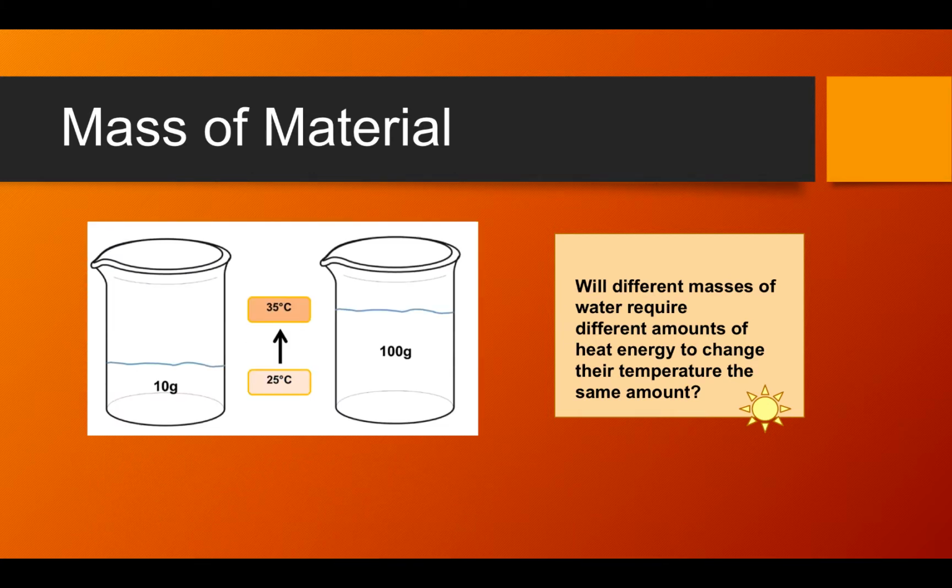Let's take two beakers, one with 10 grams of water, one with 100 grams, and you want to raise them both the same amount of degrees Celsius, from 25 degrees Celsius to 35 degrees Celsius. Will different masses of water require different amounts of energy to change their temperature the same amount? I think everybody understands yes. Heat depends on the mass of material.